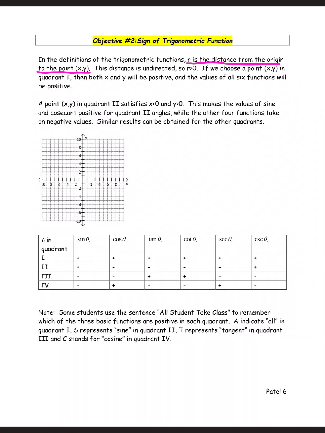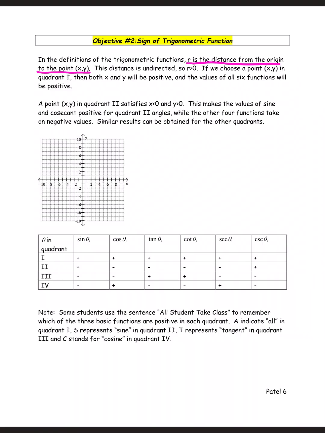A point x, y in the second quadrant will satisfy that x is less than 0, so x is negative, and y is greater than 0, so y is positive. This makes the value of sine and cosecant positive for quadrant 2, while all the other 4 trig functions are negative.